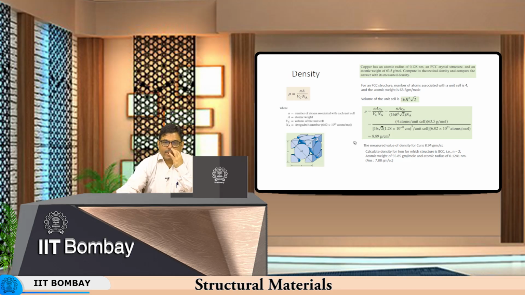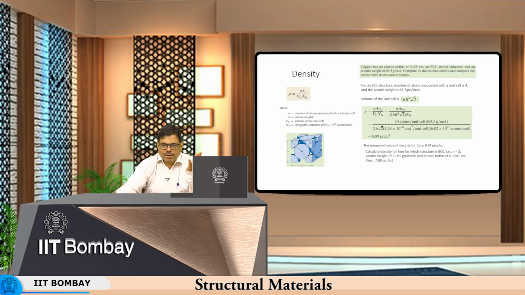So number of atoms associated with each unit cell is 4, right. Now rho is density, which is mass upon volume. So now per atom, what is the mass? It is the atomic weight, that is the weight of 1 gram mole of atoms of the material, divided by the Avogadro number. Because 1 gram mole is the weight of Avogadro number of atoms.